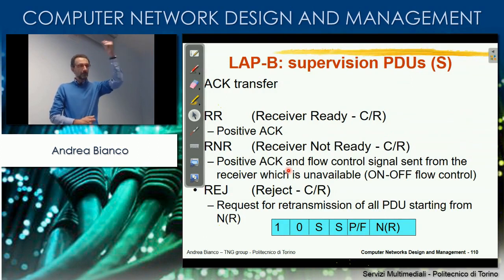If I want to stop you for flow control, ACK5, stop, shut up, receiver not ready. And from now on, if the receiver does not send anything later, which is another receiver ready, you will not start sending. So it's a binary or on-off flow control. You see it here. On-off flow control. That's how flow control is implemented in this specific example, through the window protocol.